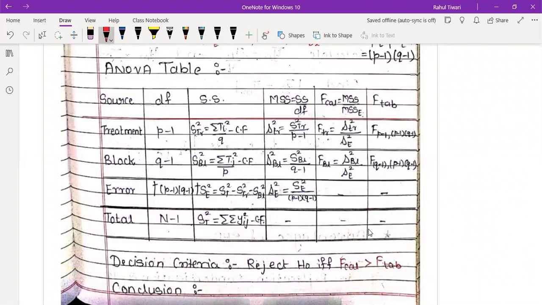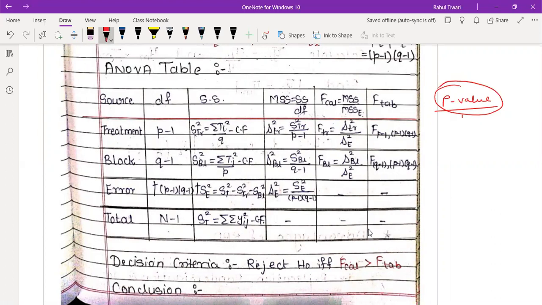Sometimes, when you perform this whole operation in a computer or using any statistical software, they don't generate this F tabulated value because they use the concept of p value. I don't know how many of you know about this, but the whole analysis in statistics works on p value.